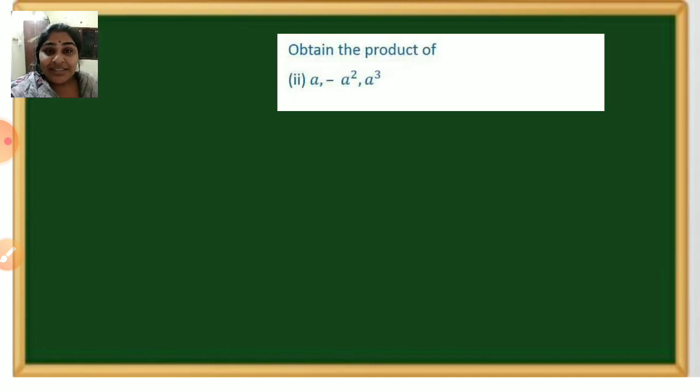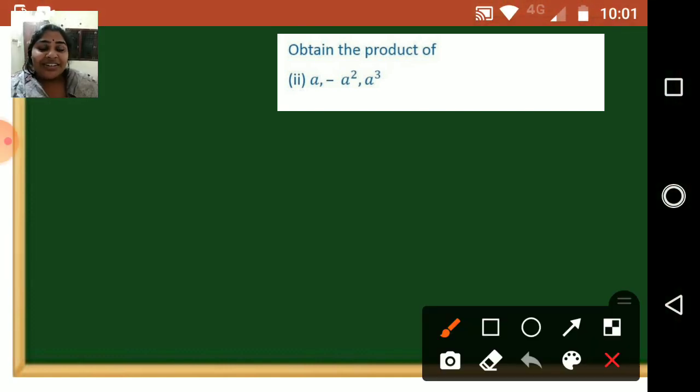This is the second one, that is obtain the product of a, negative a square, a cube. So how to solve, children? We have already seen the rules of the indices, right?